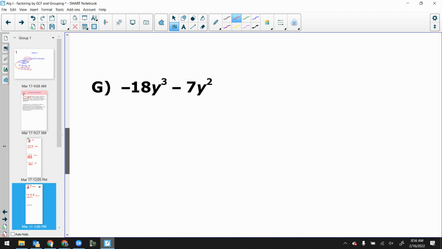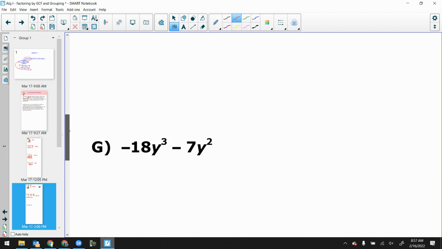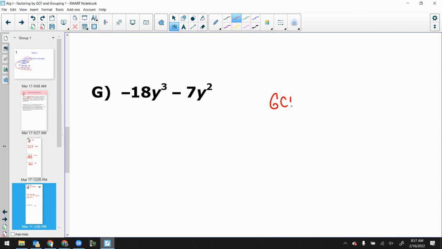Be focused on the variables as well. So my GCF here is y squared. Smallest power of the variable. Y squared. Why did I leave room in front of the y squared? This is going to be negative. It's got to be a negative because I lead with a negative.